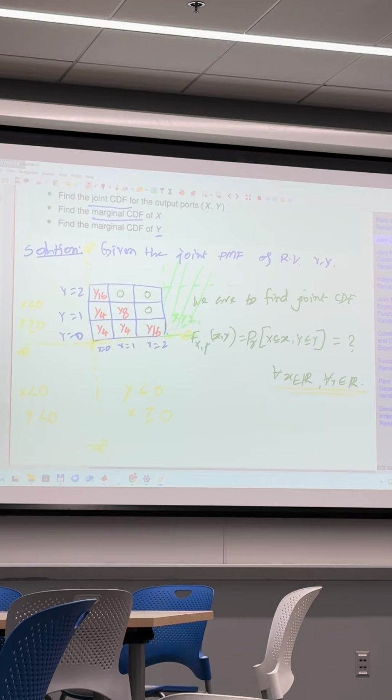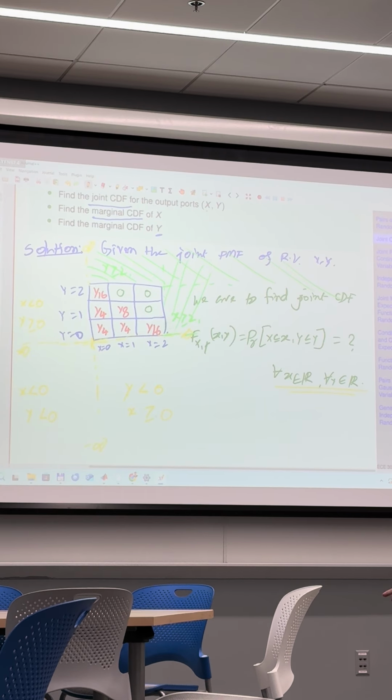And this region is basically y greater than or equals, and x can take any value. Okay, guys, you tell me.